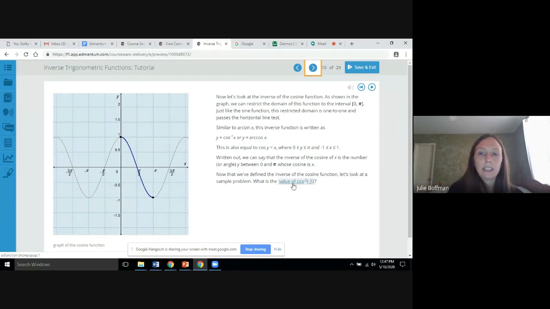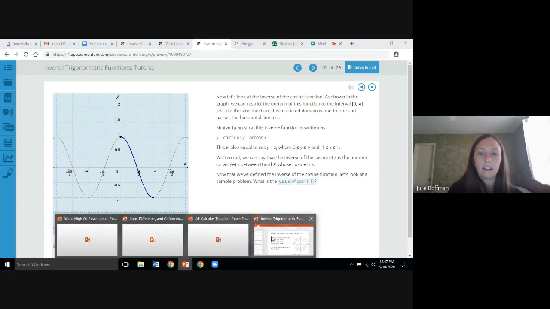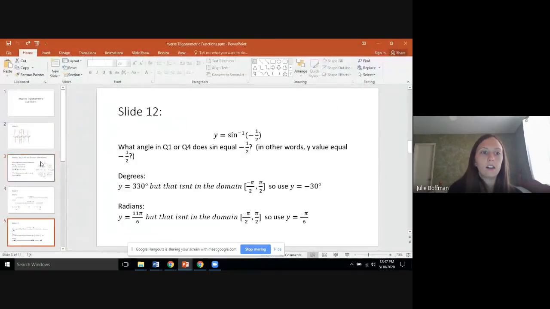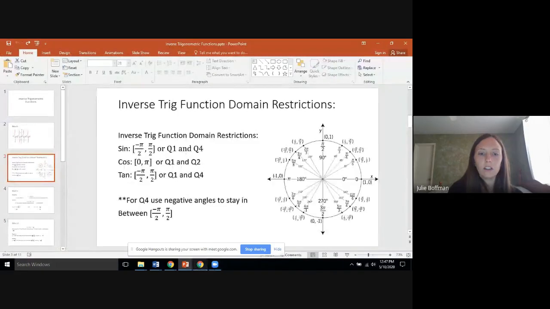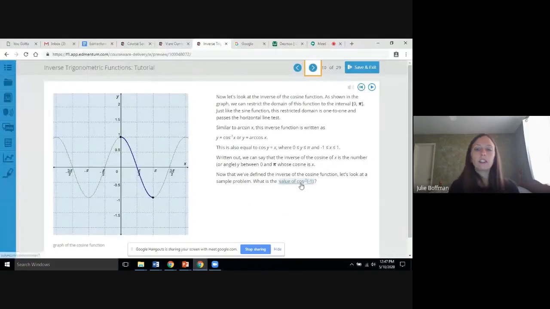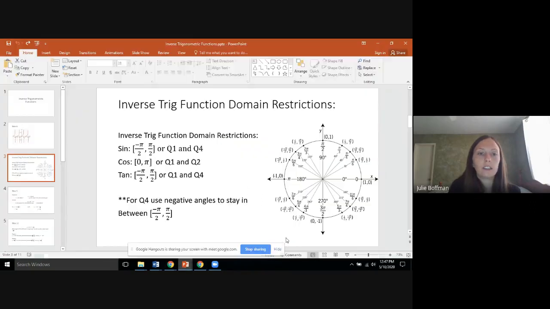So now you do the same idea. If I want to know the inverse cosine of -1, I ask myself, what angle on the unit circle between 0 and pi has a cosine value of -1? So let's think about this.